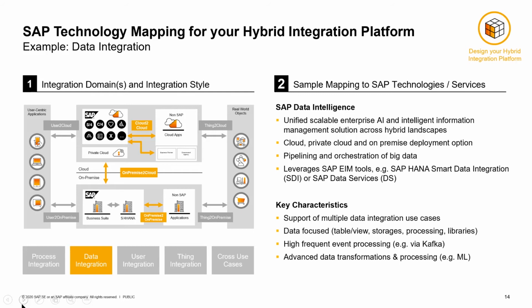SAP Data Intelligence can pipeline and orchestrate big data across hybrid environments and can deal with diverse data sets, for instance with structured data, unstructured data, large amounts, and more. You can leverage other SAP Enterprise Information Management solutions, such as SAP Data Services, together with SAP Data Intelligence.